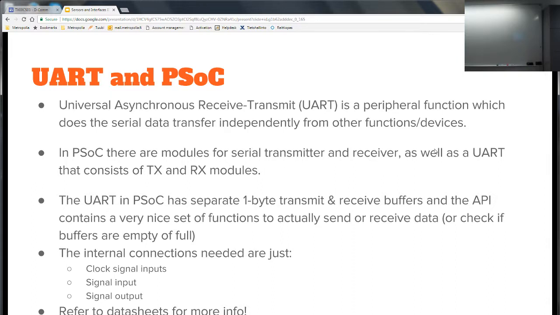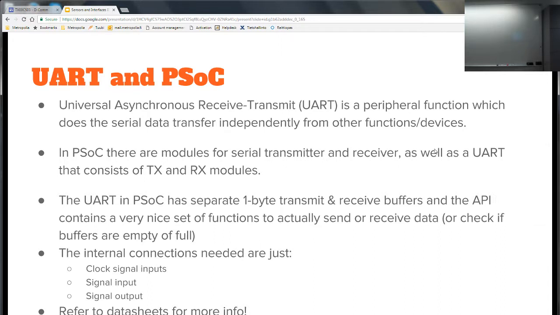UART is an acronym for Universal Asynchronous Receive Transmit. It's a peripheral function. Nowadays it's inside of these microcontrollers. They have been there for a while, from the 80s. As long as we have had terminals, we have had this serial line communication.